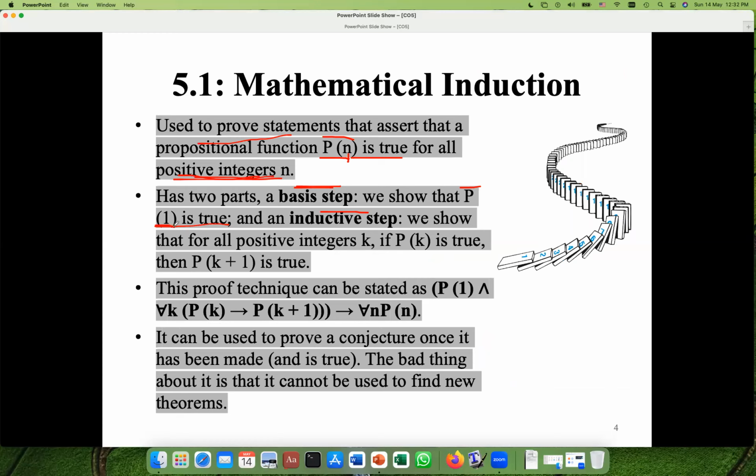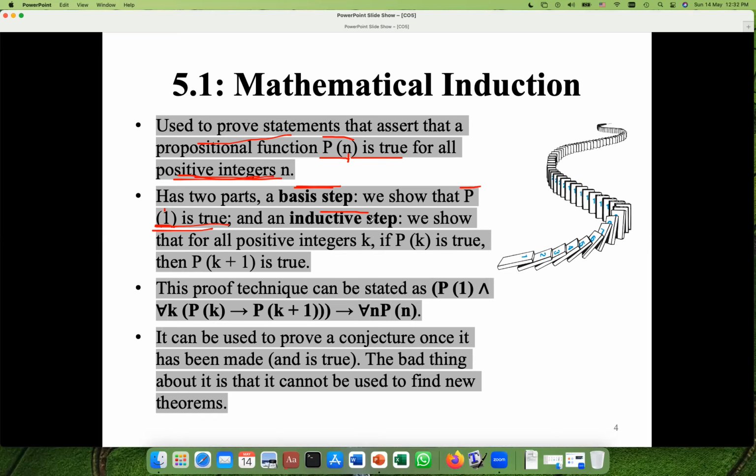You put this value 1 in place of n, evaluate, and show that P of 1 is true. We will see how you can do that, but just keep this in your mind. This is the basic step. This can be P of 1, P of 0, P of 5, or P of 4. It depends on the problem. Foundation step, basis step.